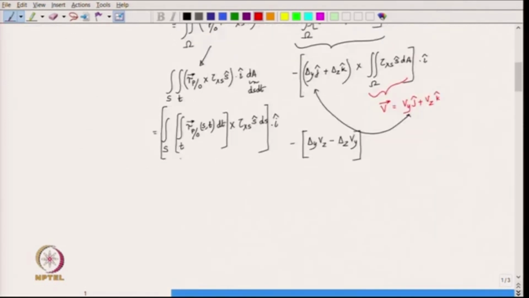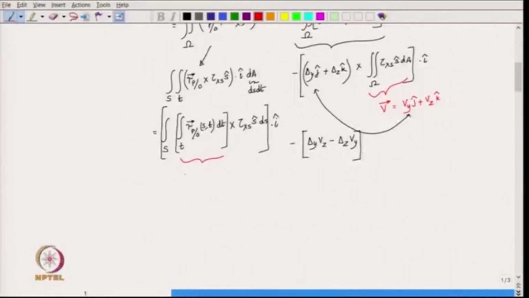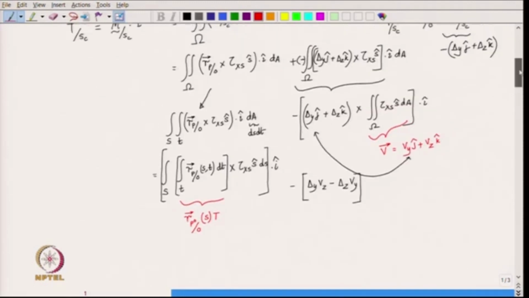Okay. So, what can we say about this quantity right here? It is the first moment while integrating through the thickness, is not it? So, we can simply replace this with the position vector of a point P naught, which is at the central location on the thickness line, relative to the centroid O, and this is then only a function of S times the thickness. So, where is that point P naught?